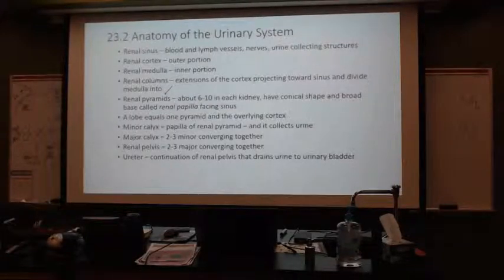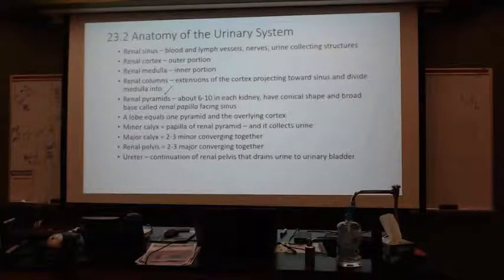Now, the pyramids are what I keep calling them. These renal pyramids. Kidneys on average have anywhere from 6 to 10 per kidney. They're conical in shape, broad base, okay, and we've got our pointed part. When I say a lobe of the kidney, I'm going to be referring to the pyramid and the cortex over top of it.